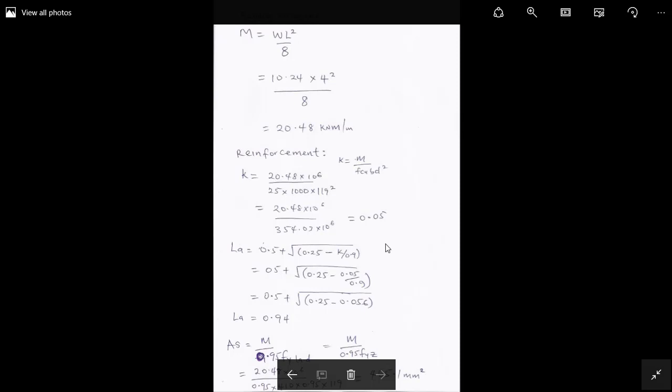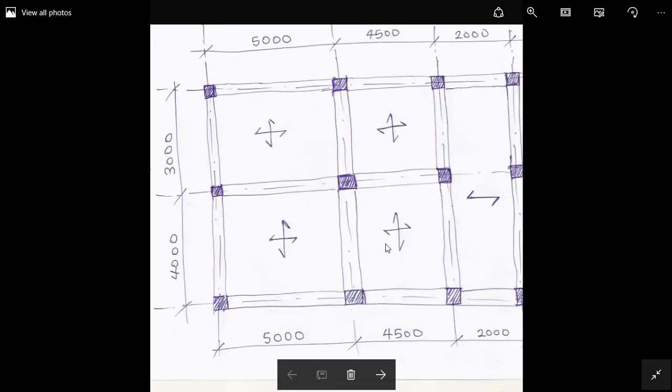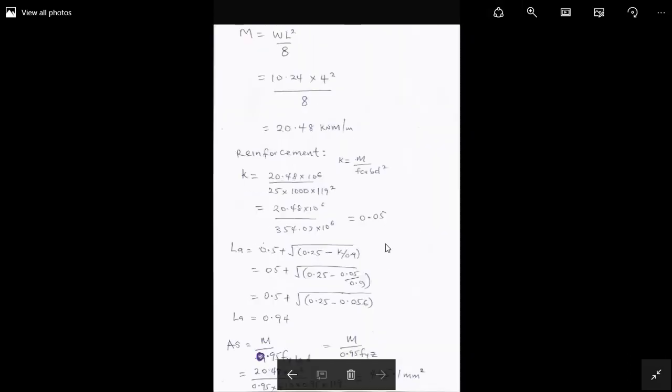But for now, we are considering a simply supported slab. If you have a simply supported slab, we consider the formula WL square over 8, where W is the load.